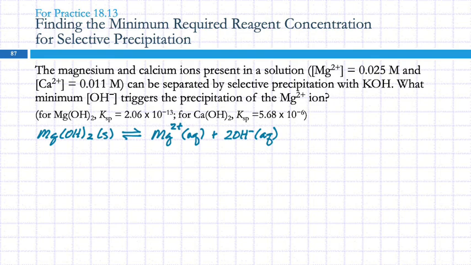We don't have to identify which one precipitates first because it told us. But if we look at the KSPs, we see that this is a smaller KSP than that one, and so that's why the magnesium precipitates first.